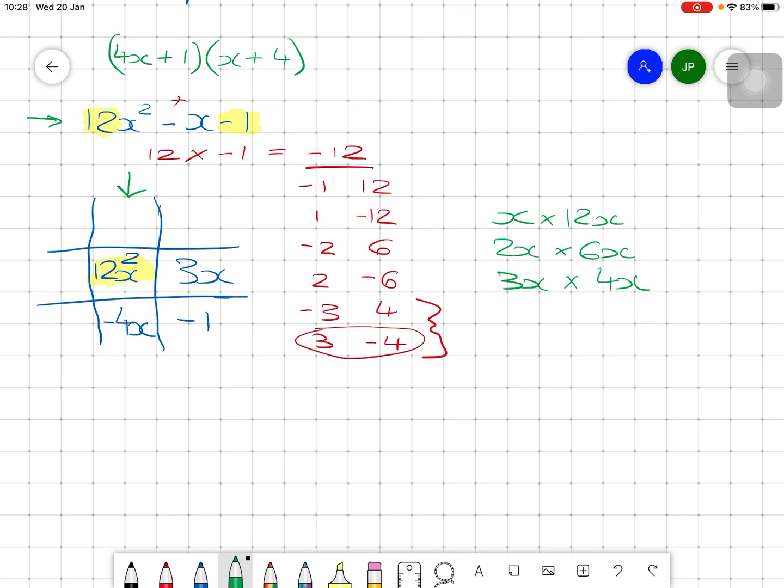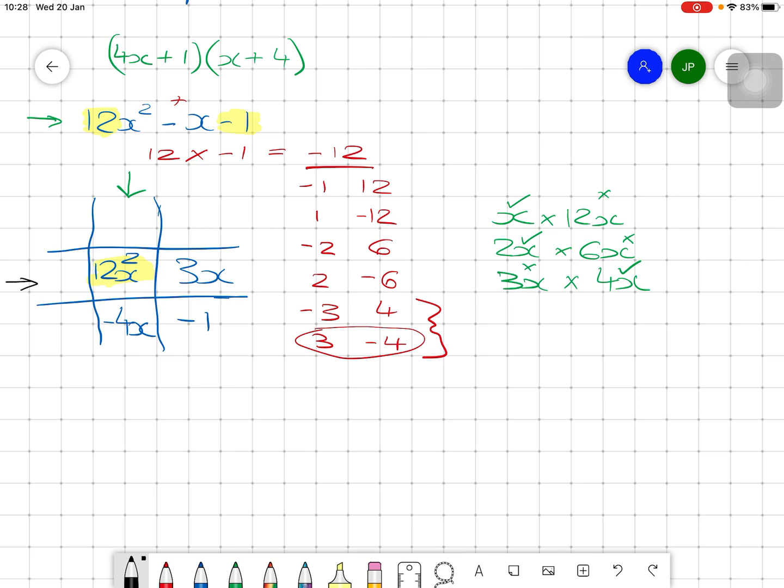I can use x, because I can get 12x squared and minus 4x from x quite happily. Can't use 12x. I could use 2x, because I can get 12x squared happily enough. I can get minus 4x. I couldn't use 6x. I can't use 3x because I can't get to minus 4 from there, but I could use 4x.